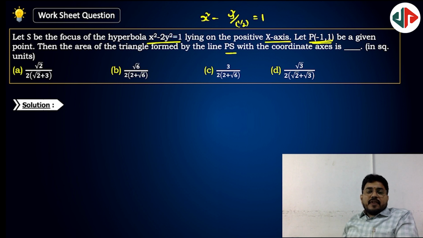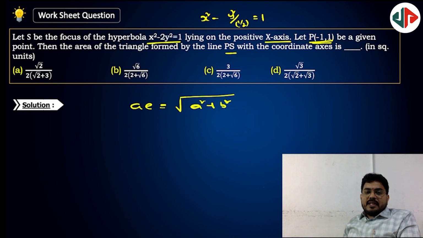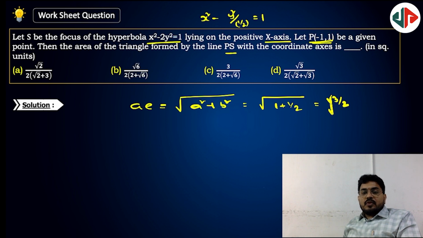So you simply need to find what the focus S is. AE is equal to square root of a square plus b square, which is equal to square root of 1 plus 1 by 2, which is root over 3 by 2. So the answer is (root 3 by 2, 0).